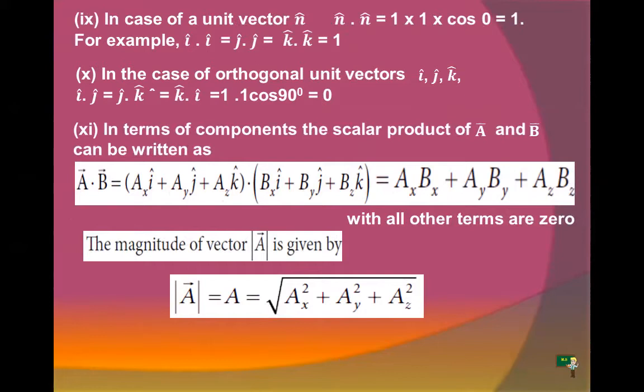The magnitude of a vector is given by modulus of a vector equal to root of AX square plus AY square plus AZ square. Already we saw this in vector addition using components.